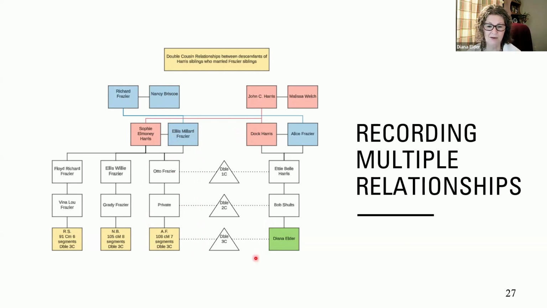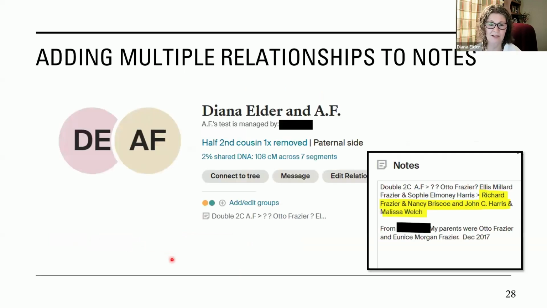So what do we do with that? Well, this is how I diagrammed it to show it. Banyan DNA, that I just showed you a slide for, does let you diagram it. I did diagram this within Banyan, and it will tell you if your numbers are statistically relevant, if they work. But how do you record this in a note? For each one of those matches, and more that I keep finding, I put in that they are a double second cousin, and then the match name.